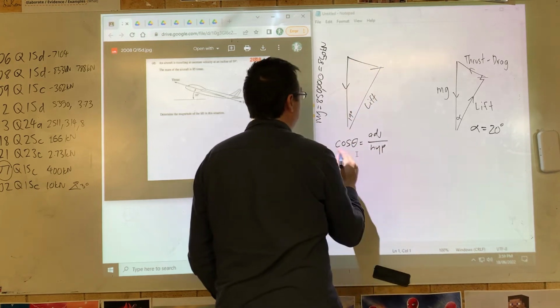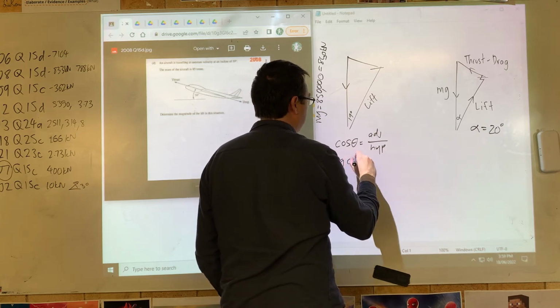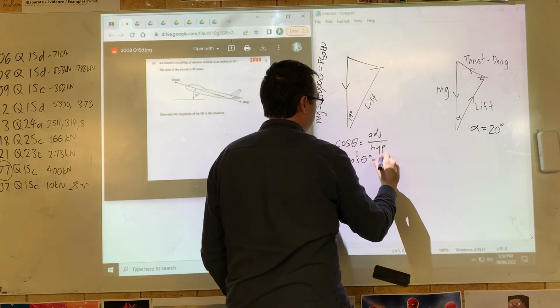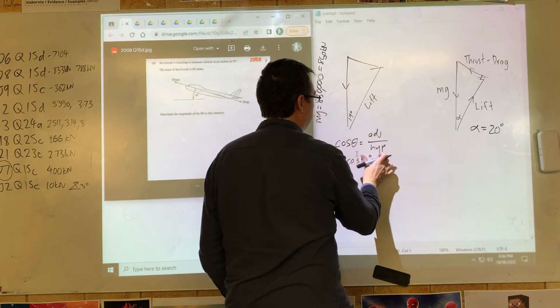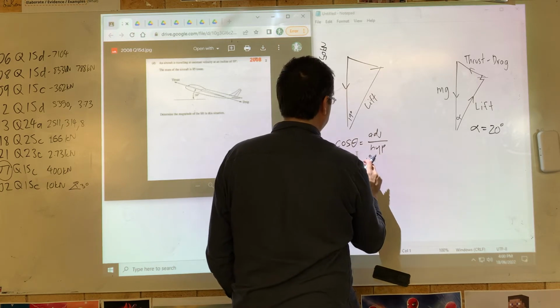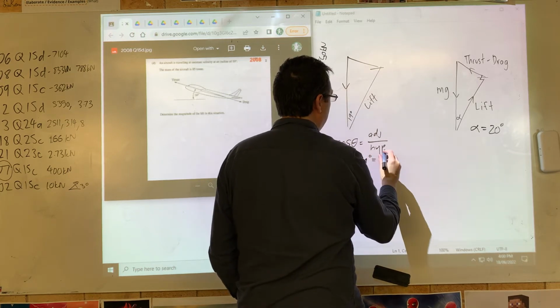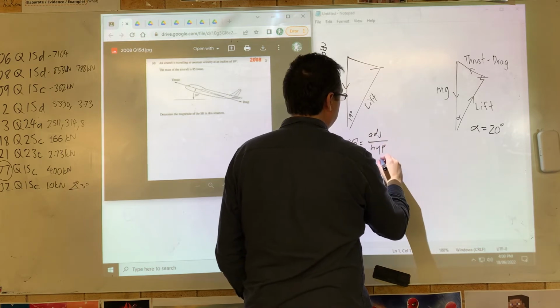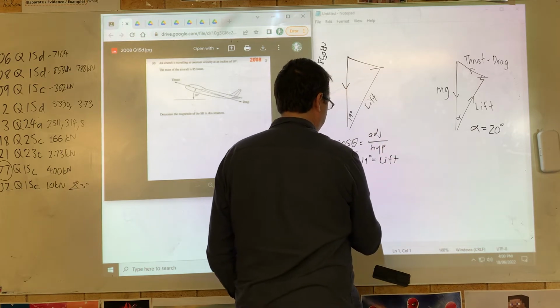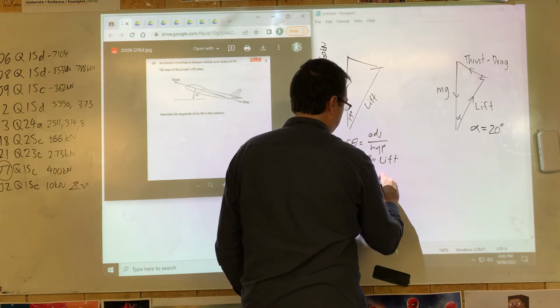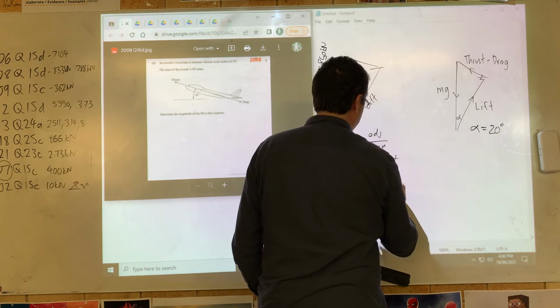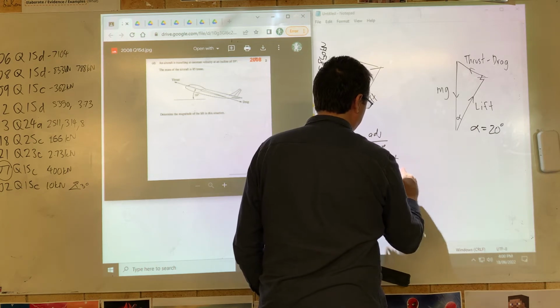So if we bring this across, we're going to say mg cos theta, cos 19, equals the adjacent, which equals lift. So lift equals 850 kilonewtons times cos 19. Have you got that already?